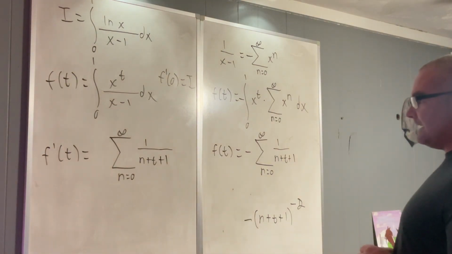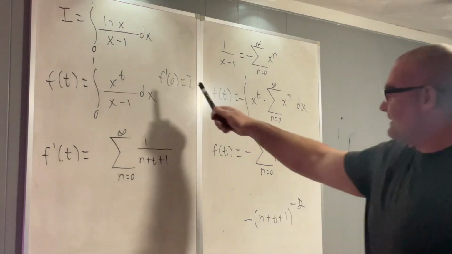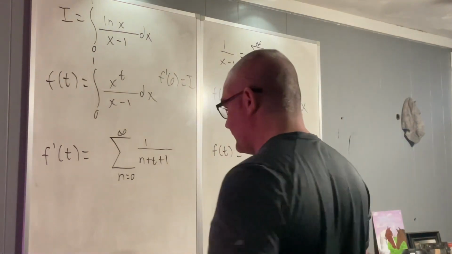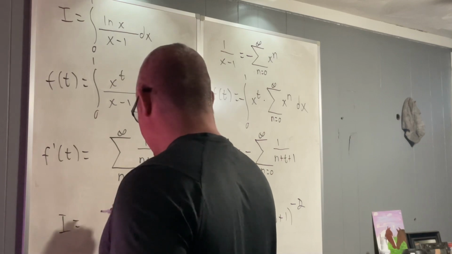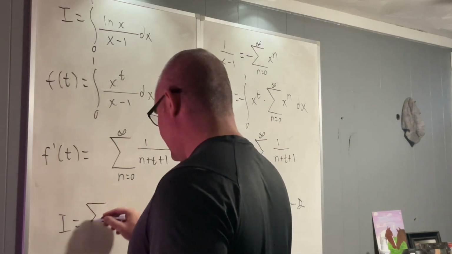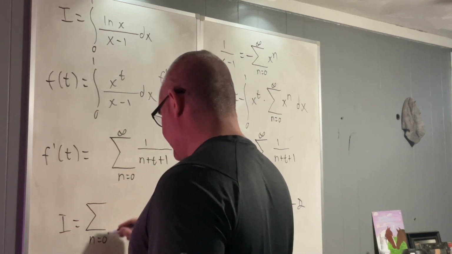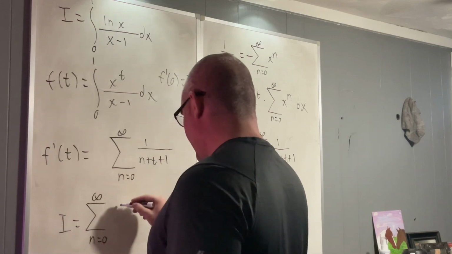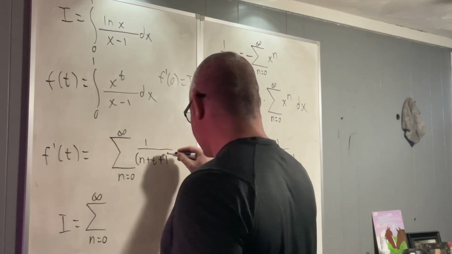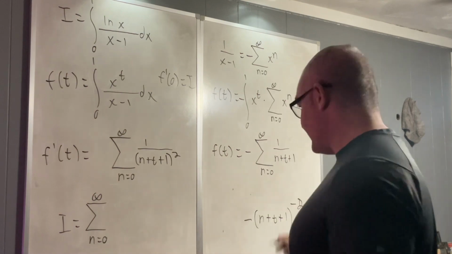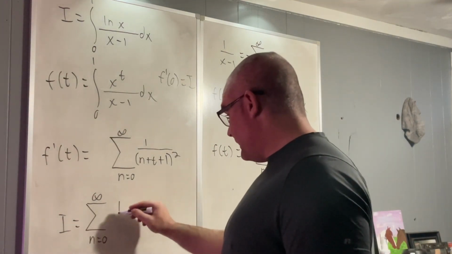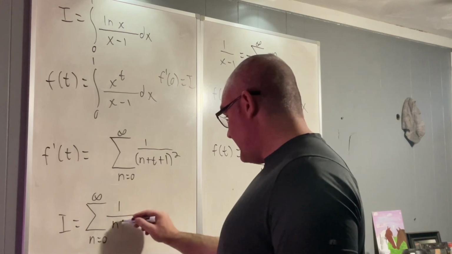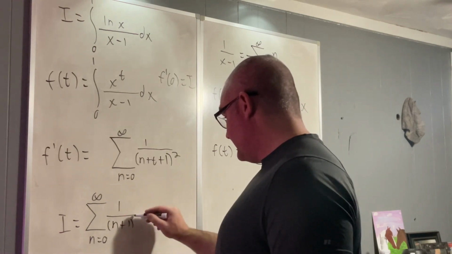Now, all we need to do is plug in 0 to that, and we have I. So what would that give us? That would give us I is equal to the sum from n equals 0 to infinity of, oh, I'm sorry, this is actually squared right here. Remember, that's actually squared. So this is going to be 1 over n plus 1 squared.